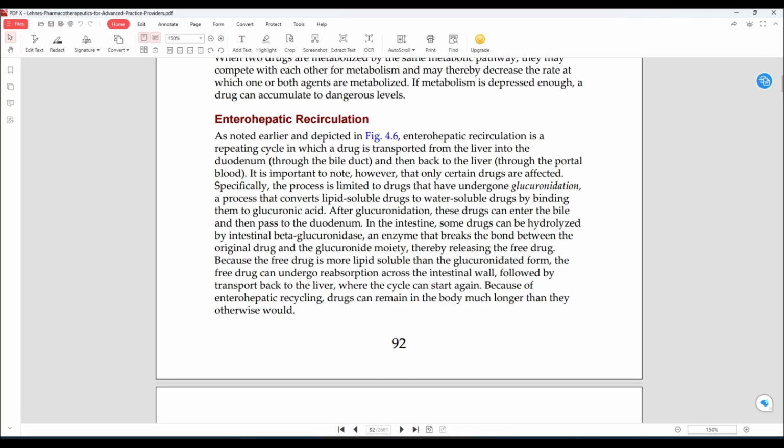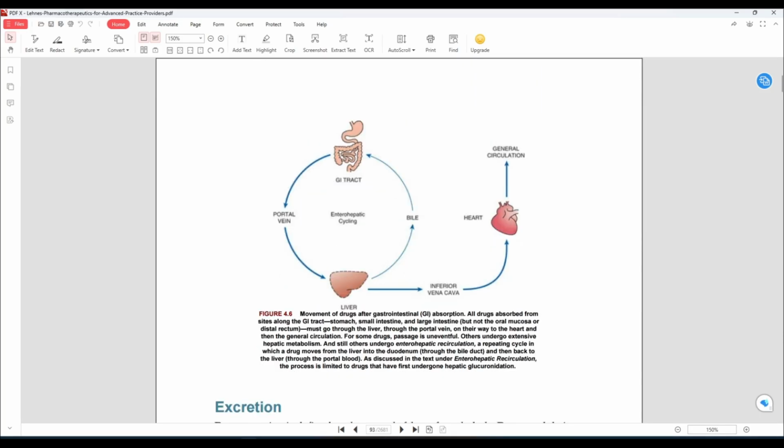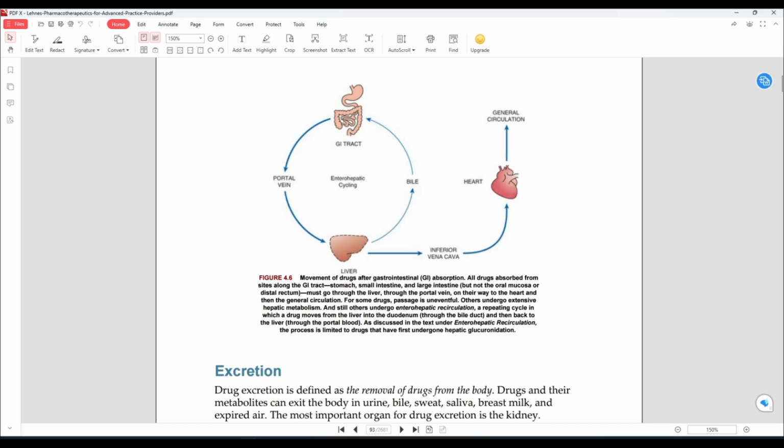Because the free drug is more lipid soluble than the glucuronidated form, the free drug can undergo reabsorption across the intestinal wall, followed by transport back to the liver, where the cycle can start again. Because of enterohepatic recycling, drugs can remain in the body much longer than they otherwise would. So here you're taking a look at how that would be in picture form.